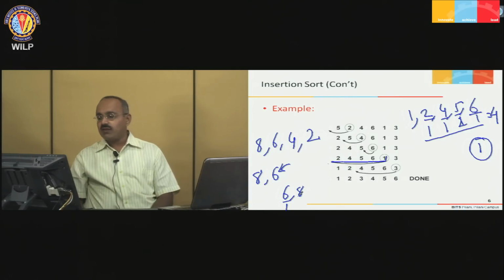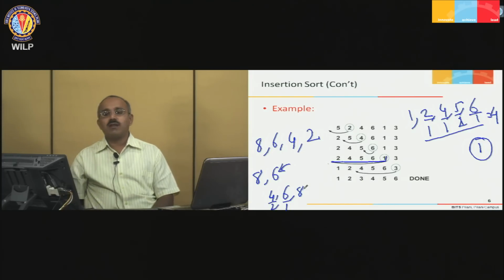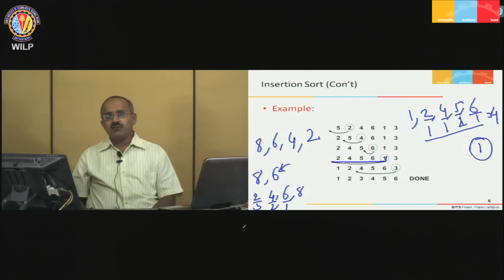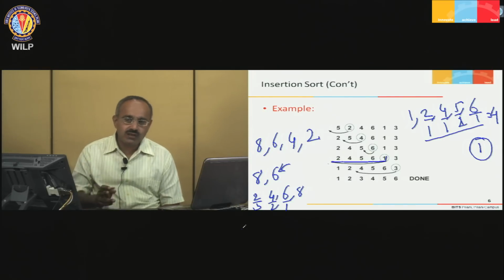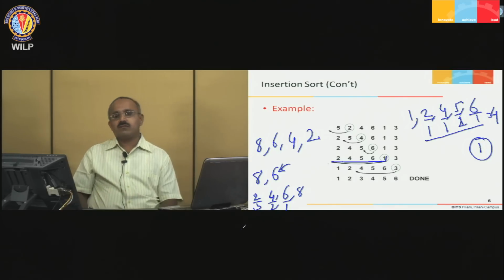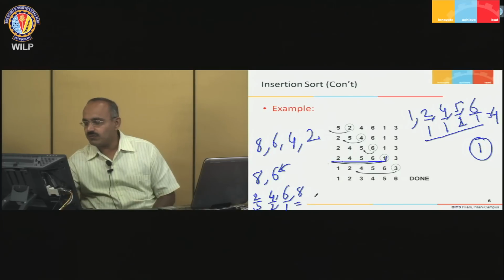As I try to insert 4, you compare it with 8, compare it with 6 and decide to put it here, and this requires 2 comparisons. For 2 you will compare with 8, 6 and 4, and that requires 3 comparisons. If at the ith stage you want to insert, in the worst case you have to do i comparisons. So the total number of comparisons is the sum of these, which is 6.